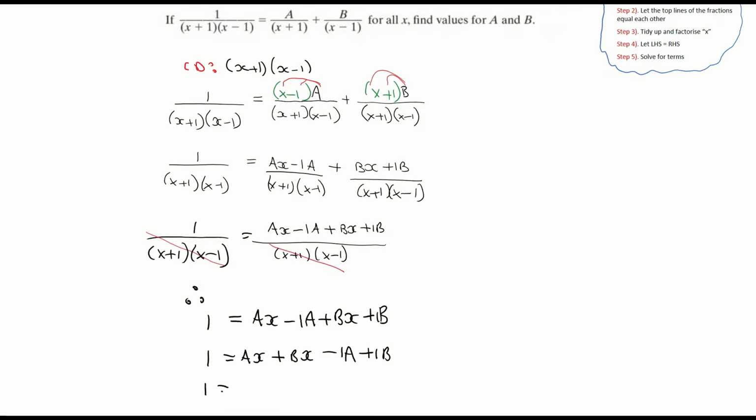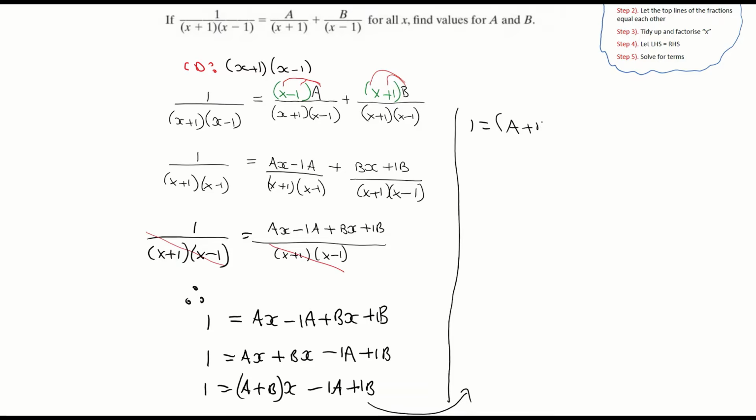So 1 is equal to a plus b times x minus 1a plus 1b. So I've just factorized out that x. I'm now going to just bring it up here just to keep it all on the one page. So I have 1 is equal to a plus b times x minus 1a plus 1b.